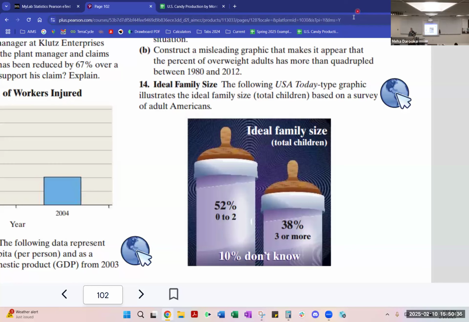So look at this carefully and tell me what is misleading or what could be problematic about that graph. 10%. Okay, I do see that. Yeah, what else? What else do you guys notice about the graph?